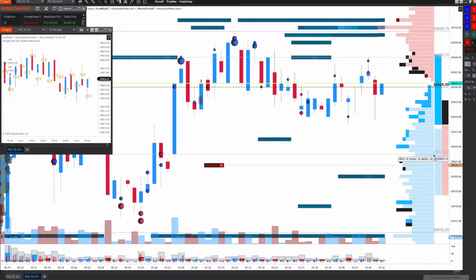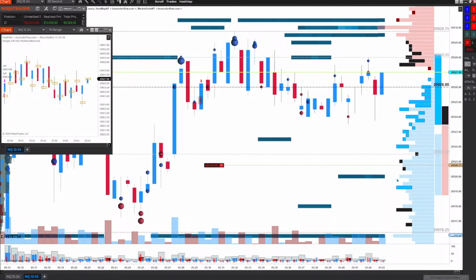Okay, at the moment this level 2 data is telling us that the buyers are stacking from below. But the real sellers have not yet shown up in the picture.